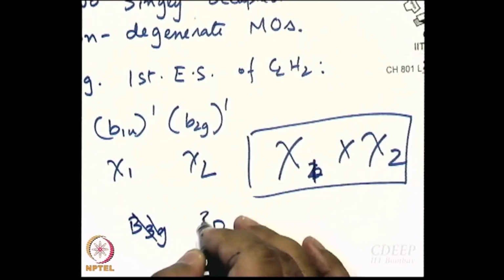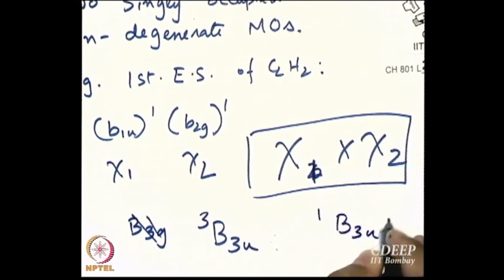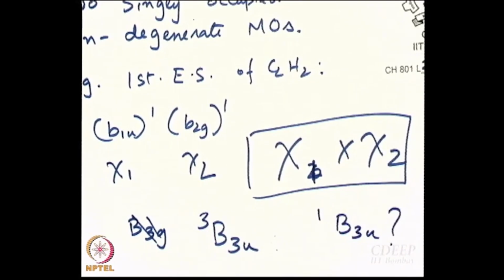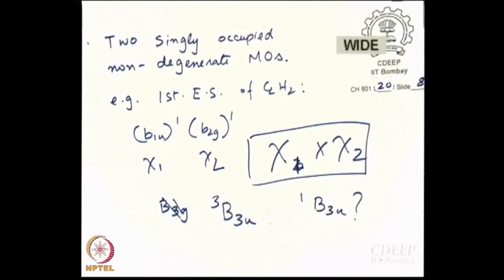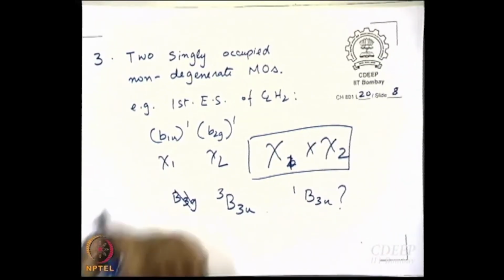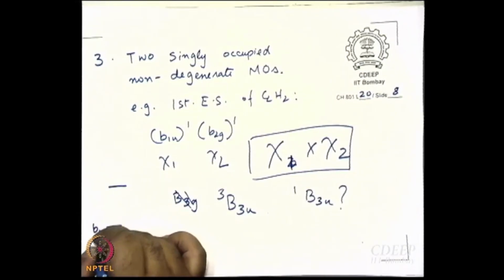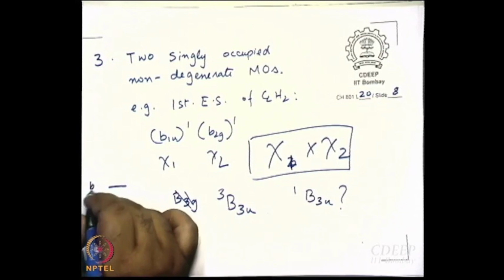What is the multiplicity? Should it always be triplet or can it be singlet also? So let's put it like this. This is one level, this is one level. This is B1U, this is B2G.